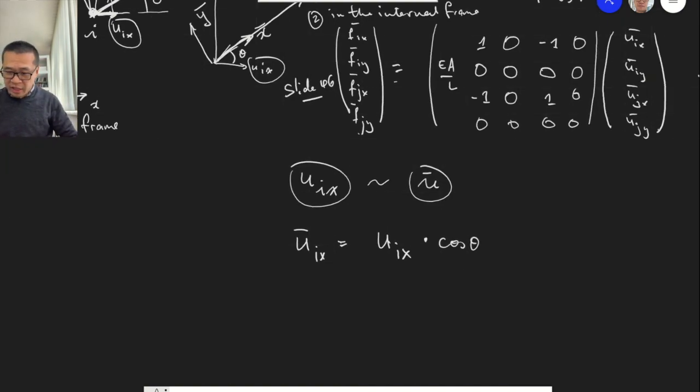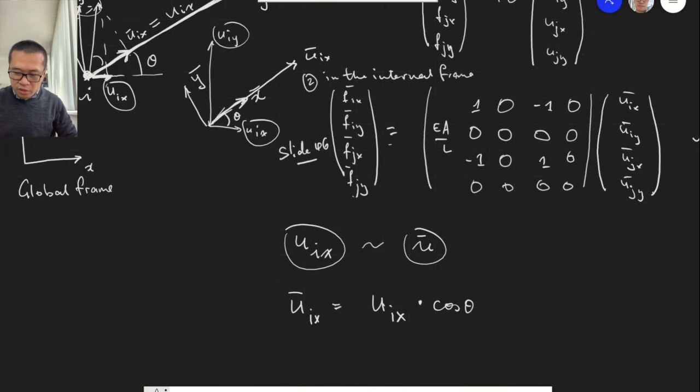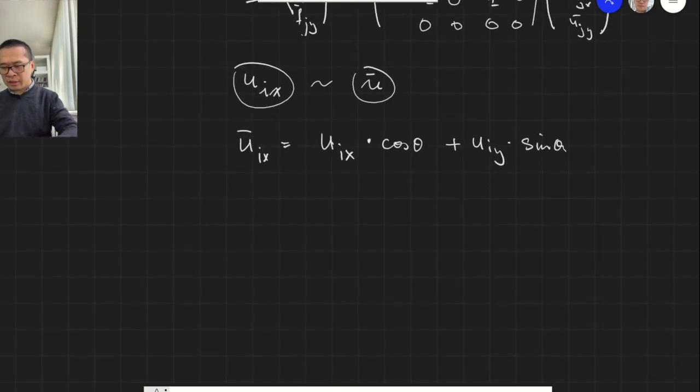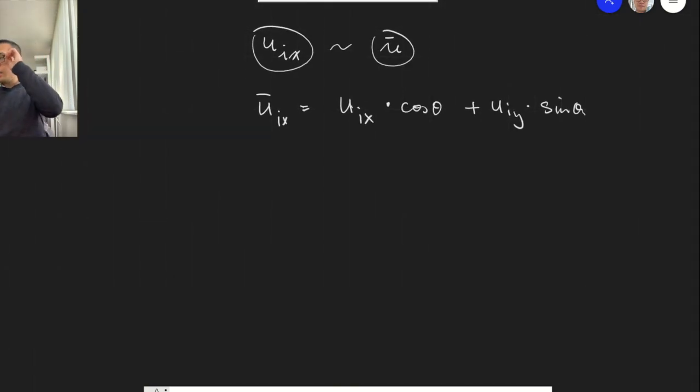And similarly, I can project this uiy onto this x bar axis. That gives me uiy times sine theta, right? Now basically you can do the similar thing for all the displacement on each node.